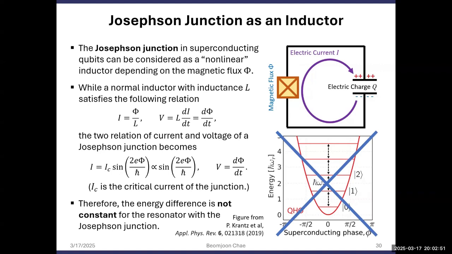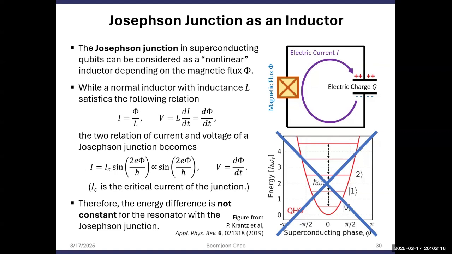If the magnetic flux of the Josephson junction is denoted as phi, then if it is a normal inductor, the current and the voltage of the inductor are described in this way.